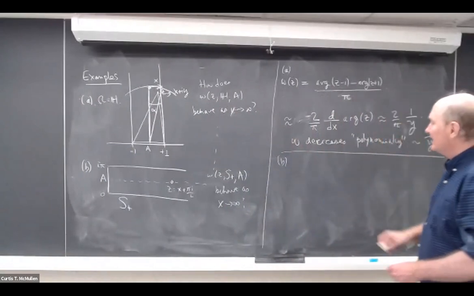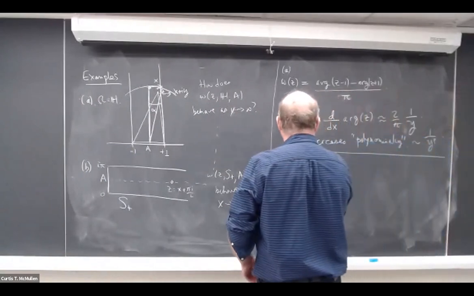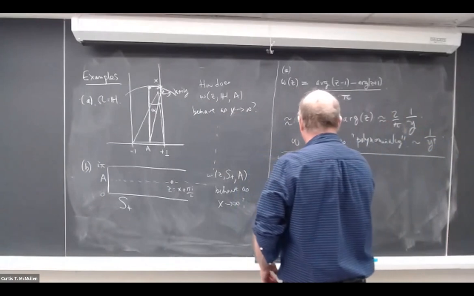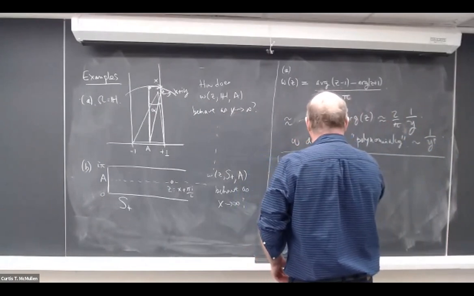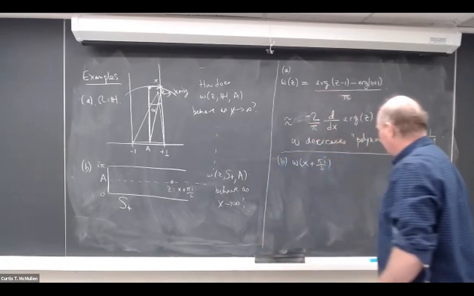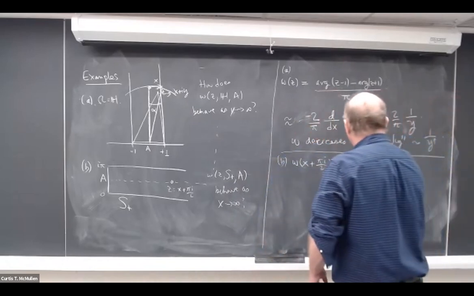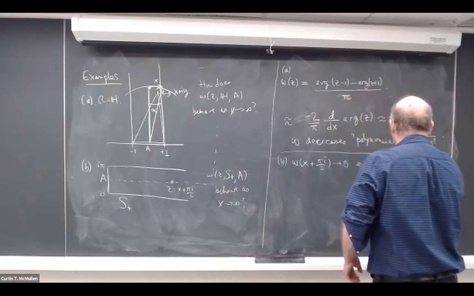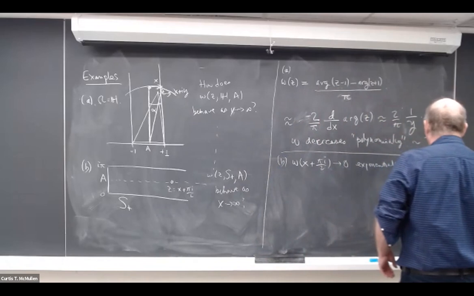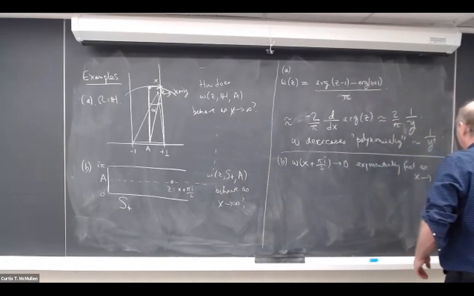And in fact, in case B, we can easily see that omega of, let's say, x plus the midpoint, pi i over 2, goes to 0 exponentially fast as x goes to infinity.